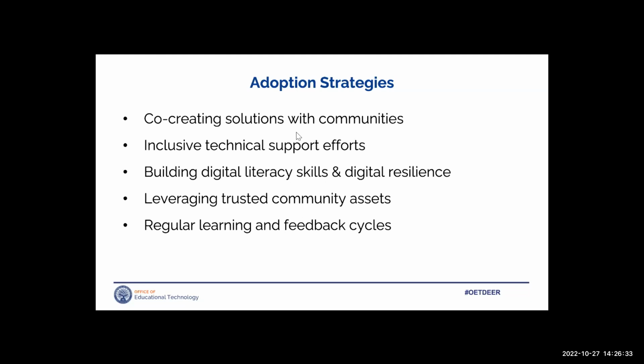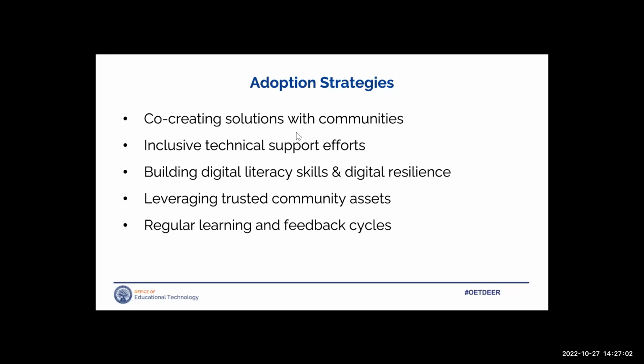So I'll jump back into adoption strategies, some of the things that we found over the course of our work communities have been able to undertake to get people connected and address some of those human level barriers. Some of those strategies include co-creating solutions with those who experience the digital divide to ensure that they're hearing about the current and pressing needs that communities are experiencing and to build trust and buy-in from community members.